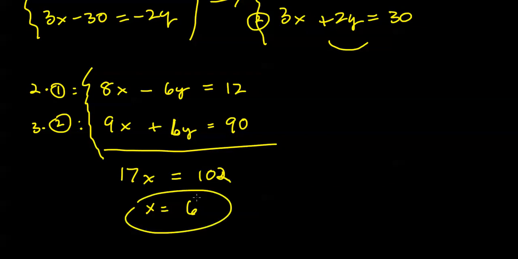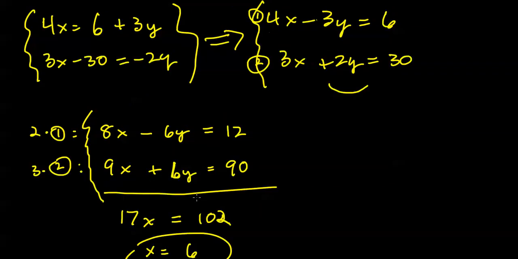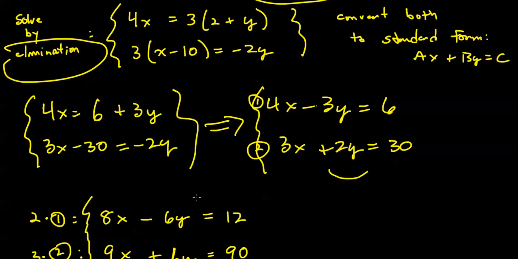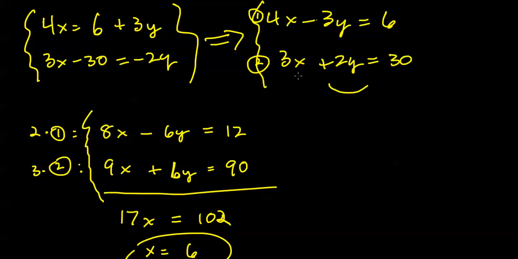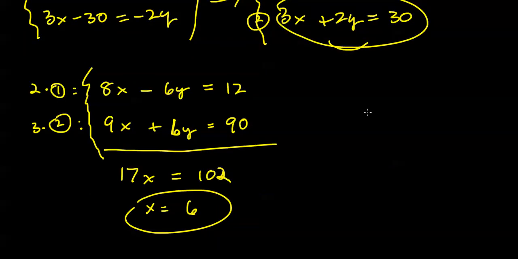Alright, so in this solution to the system, I know x has to be 6. And I can plug x equals 6 into any of these above equations to solve for y. I think I'm going to pick this equation. Alright, x has to be 6.